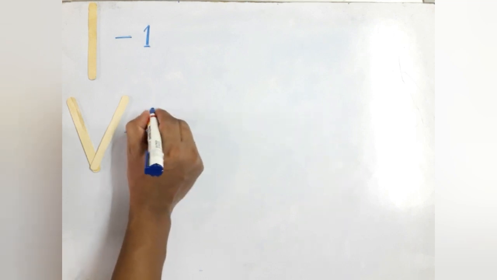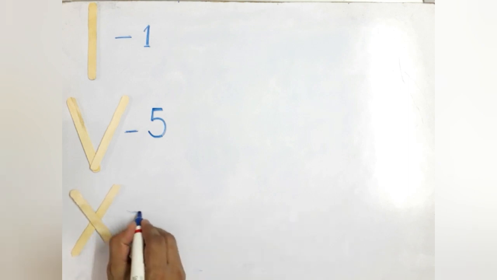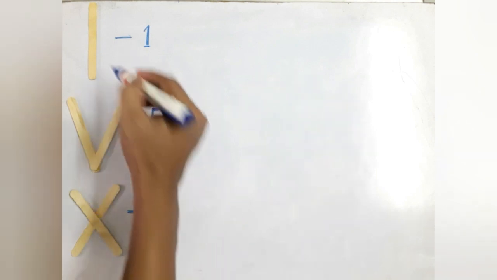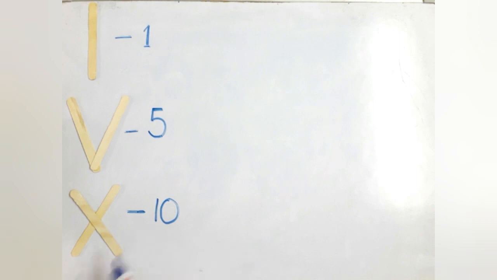The next symbol is X, which is 10. So I for 1, V for 5, X for 10.